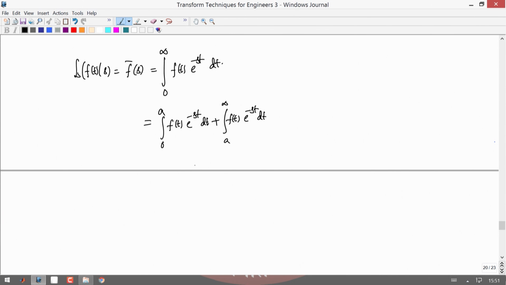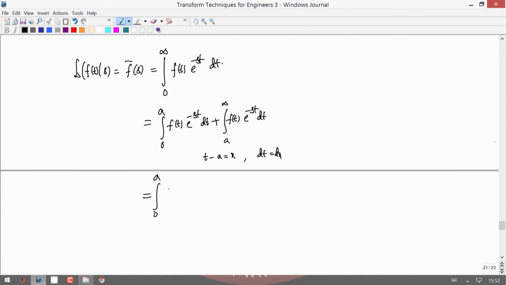Now I put t minus a equal to x, using this change of variable in the second integral. So dt is dx.